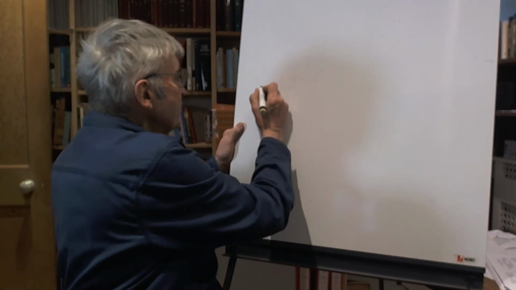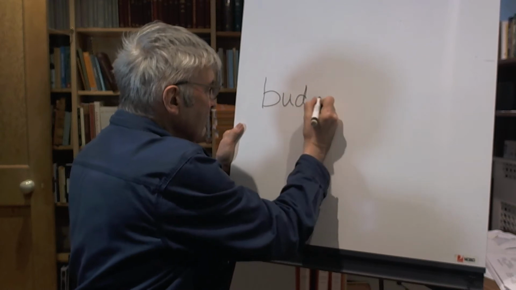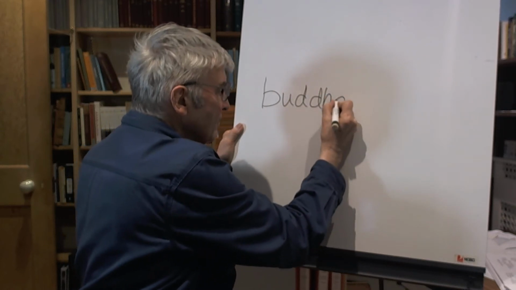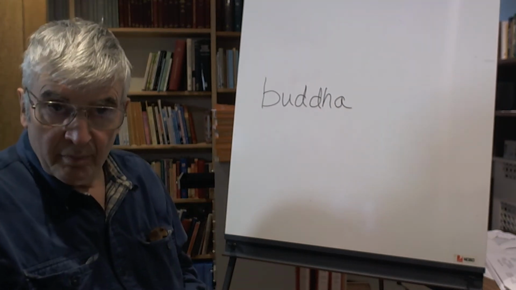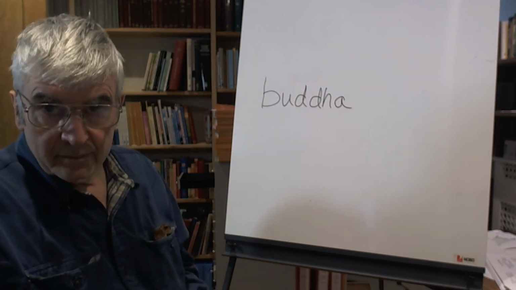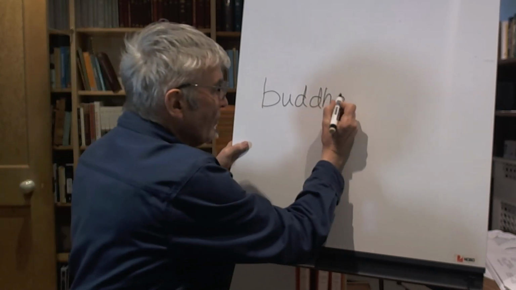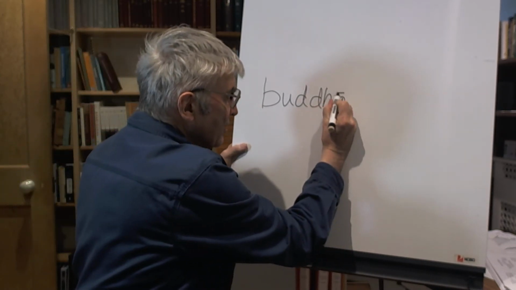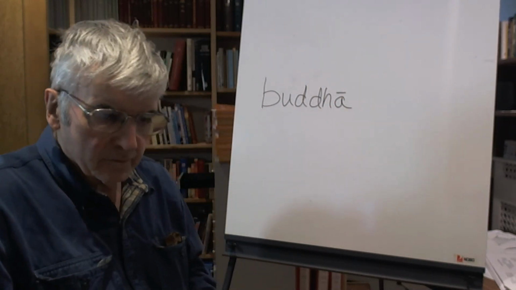Let's take Buddha. Now, to make that into a plural, the Buddhas, it's Buddha. So write the macron over the final a, and that means Buddhas.